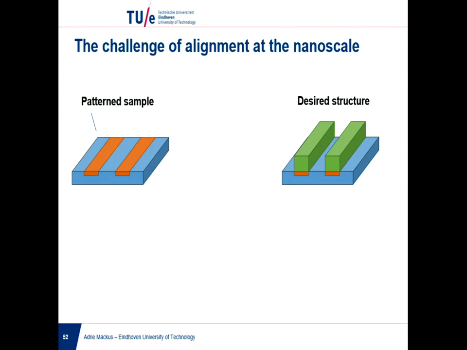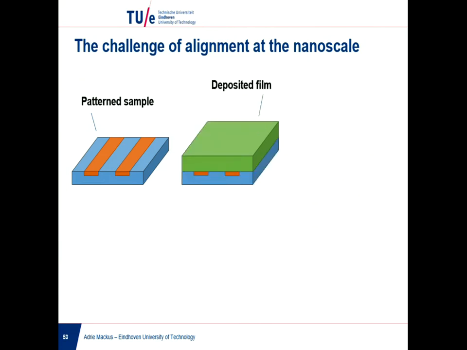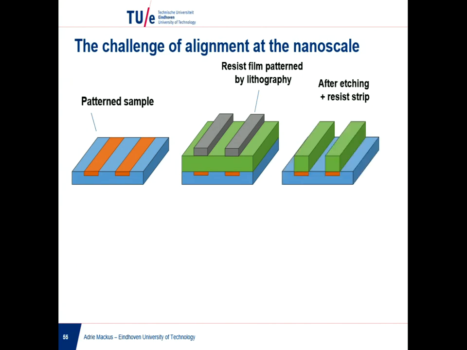It could be a barrier layer or interconnect, it doesn't matter for this example. But let's say that we want to apply this green material only on top of the orange, not on the blue. What you would do conventionally, as we already discussed, is deposit your film, do patterning with lithography, and then etch. This looks very nice in PowerPoint.